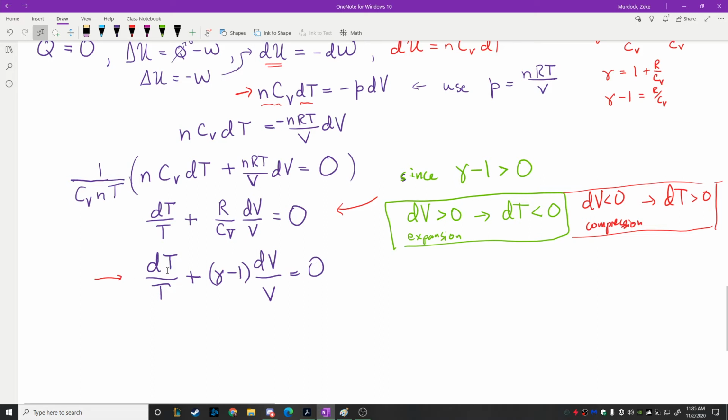So what we can do then is to integrate both sides of our equation here. On the left-hand side, when we integrate dT over T, we're going to get the natural log of T plus gamma minus 1, and then the natural log of V.